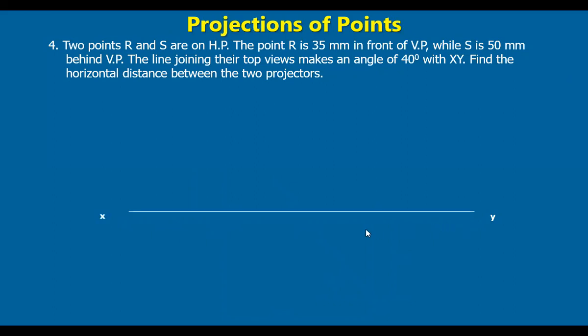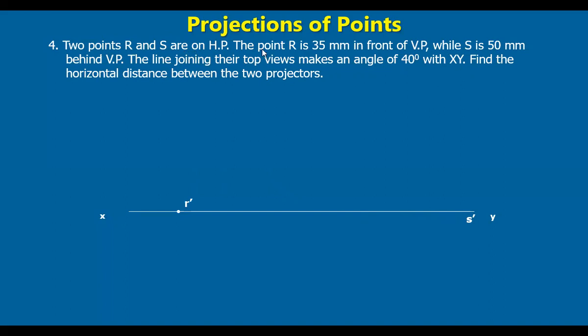Draw the reference line, XY line, and mark R and S. I have fixed this point R here, because its front view is lying on the reference line. R dash is some point here. S dash also is lying on the reference line somewhere. We don't know where it is, right?